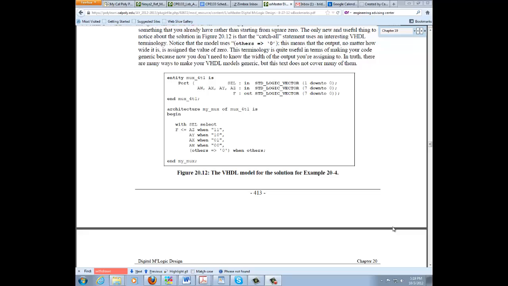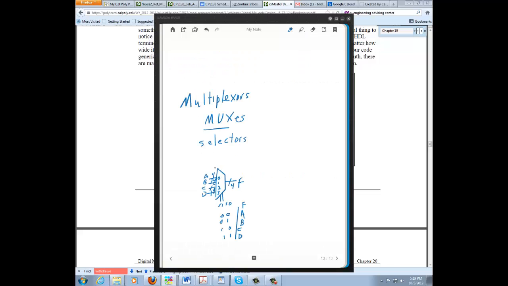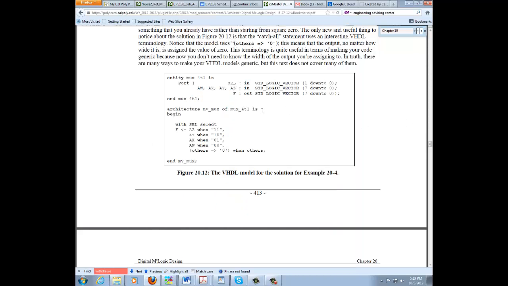Here is a VHDL example that looks more similar to what I had drawn in the notepad, where a whole bus is being passed through instead of just an individual bit. In this case the select signal is 2 bits. We're going to have 4 inputs, each of which is 8 bits, and an output which is also 8 bits.